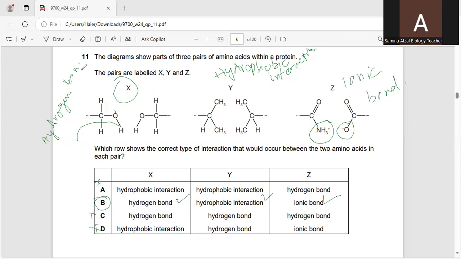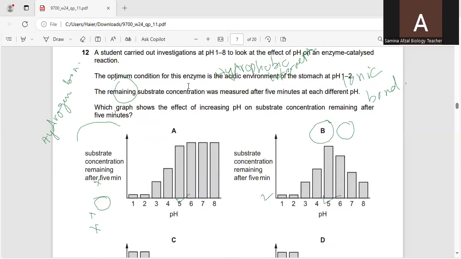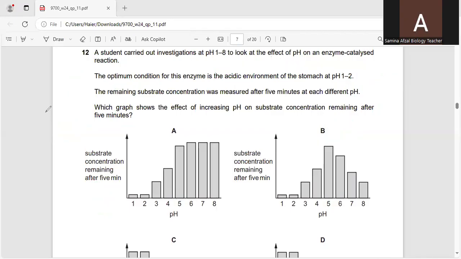Now we are moving towards the next question, number 12. A student carried out an investigation at pH 1 to 8 to look at the effect of pH on an enzyme catalyzed reaction.